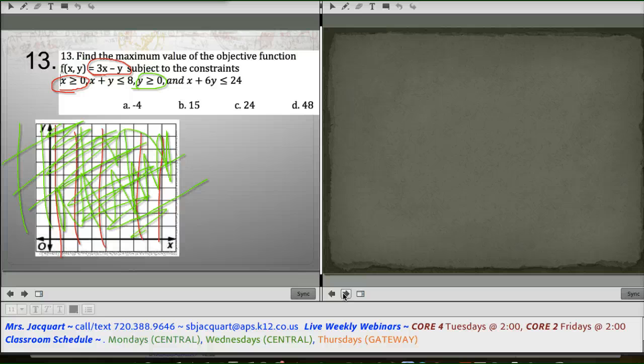Okay, but when I have x plus y is less than or equal to 8, I'm going to go by 2s. 2, 4, 6. Oh, I could probably go by 1s: 1, 2, 3, 4, 5, 6, 7, 8. So this line here.